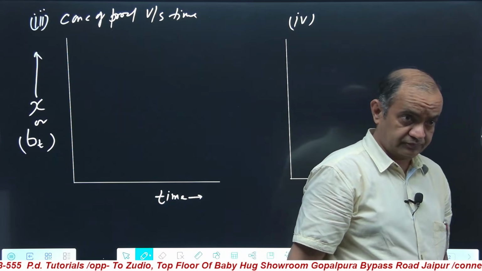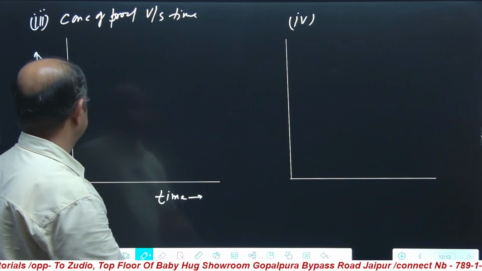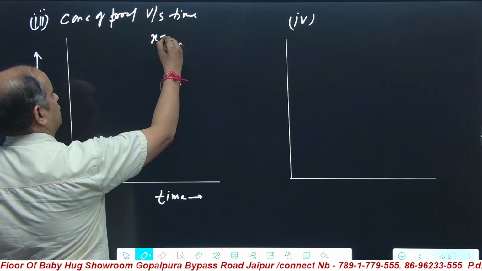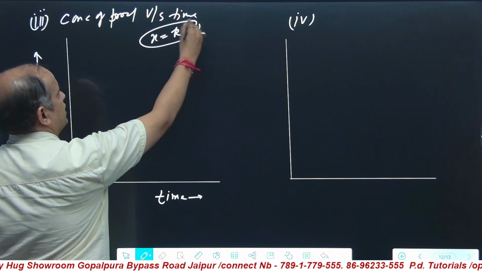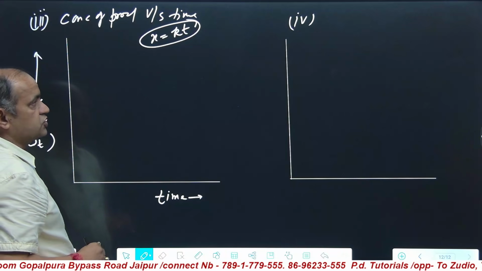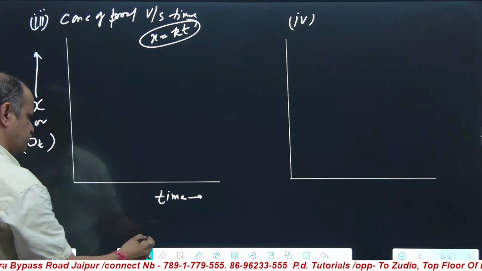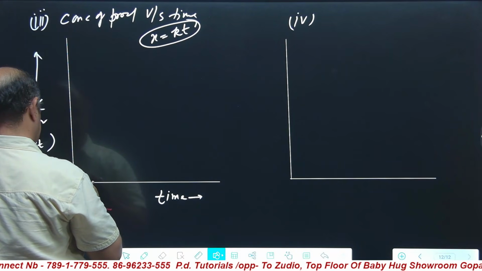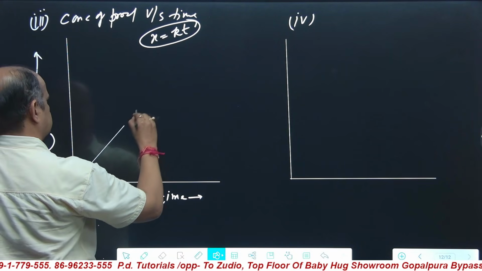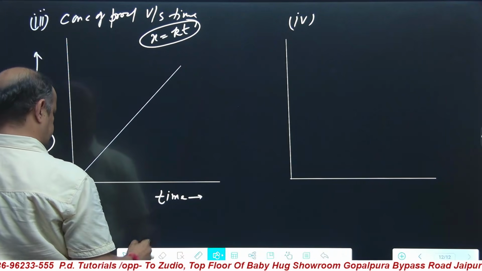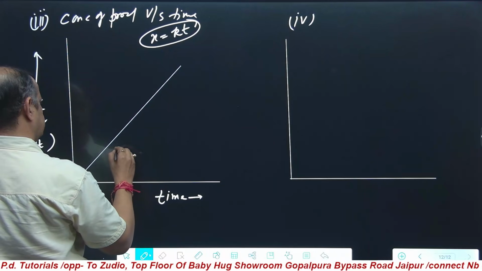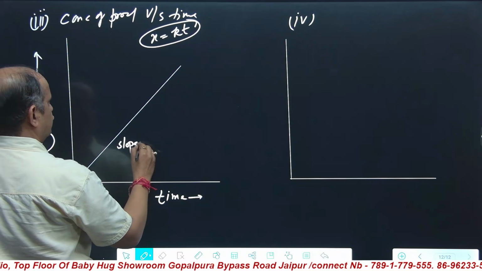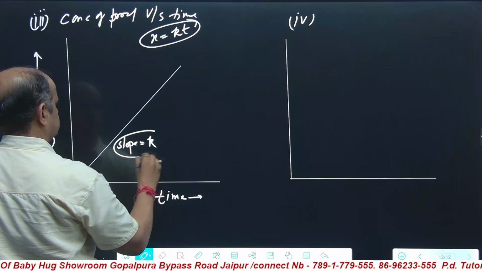X is equal to KT. Again straight line equation, starts from origin. Yes, you're right. What is slope? K.